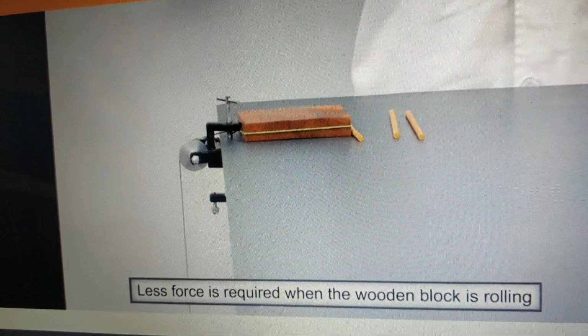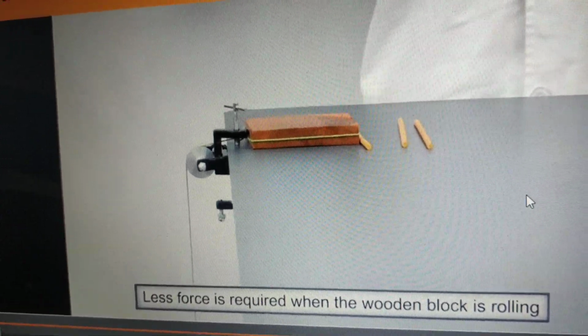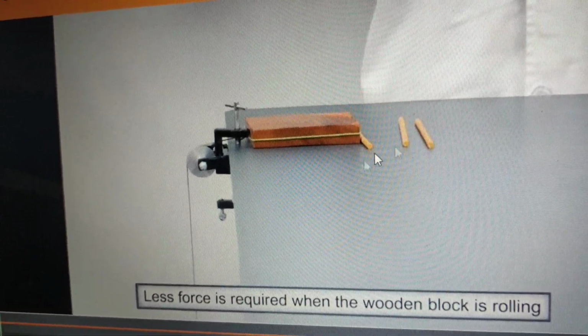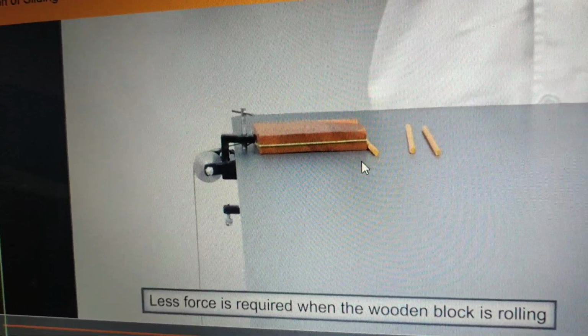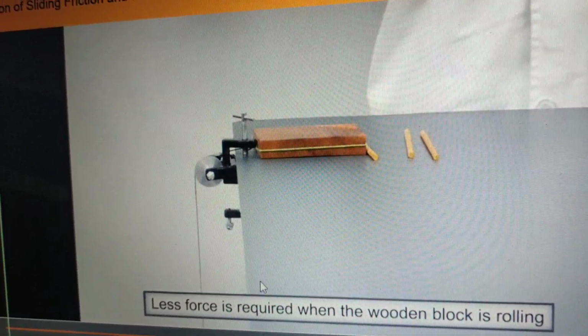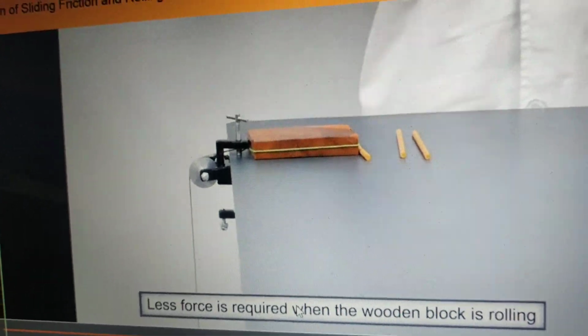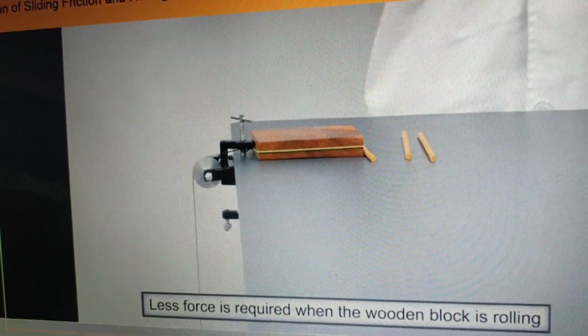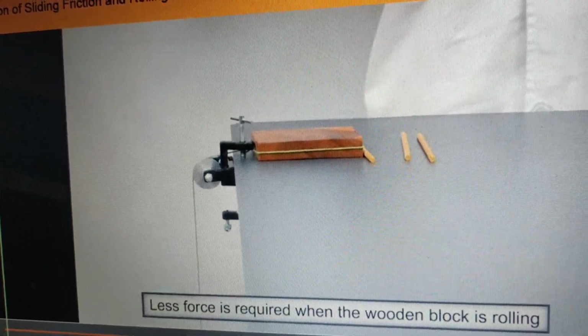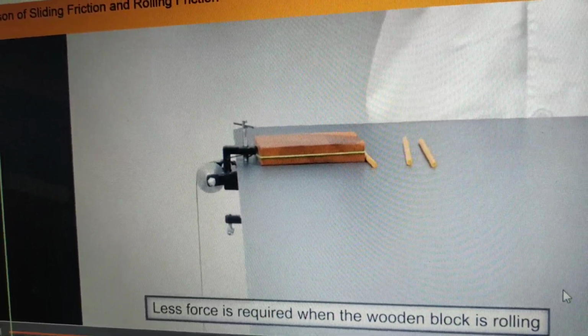As you see, this wooden box is rolling over the sticks, so that's why it requires less force as compared to sliding, right? So less force is required when the wooden block is rolling.